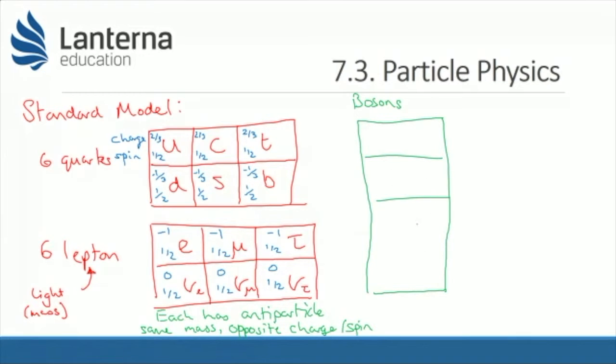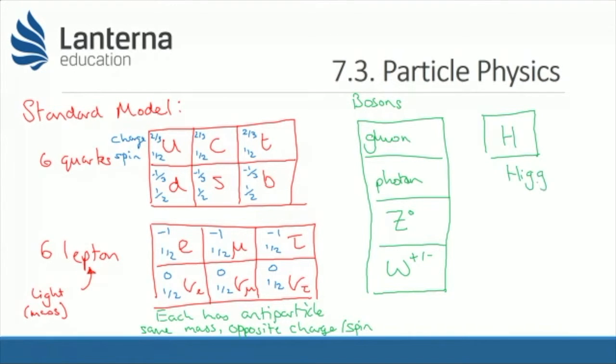We've got the gluon, the photon, the Z0 boson, and the W plus or minus. And the last one we have, which is on its own, which hopefully all of you have heard of, is the Higgs boson. And we'll look at the Higgs boson a little more separately.